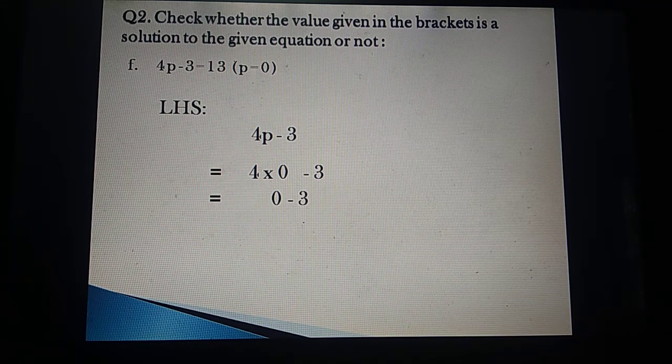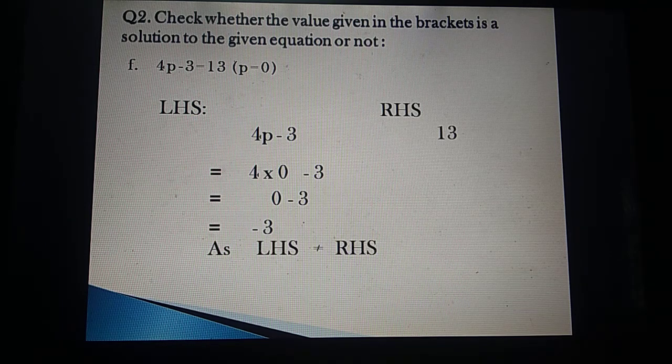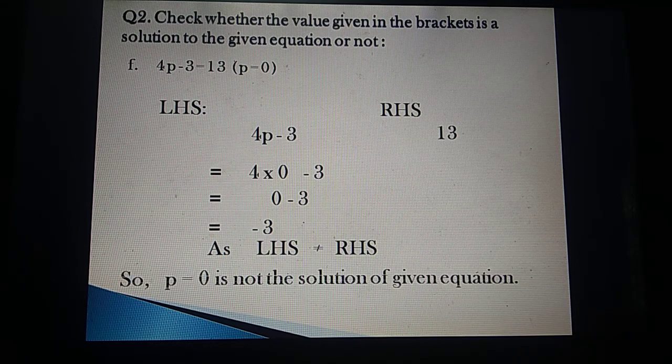Now 0 minus 3, you will get 3, but 3 is greater and it has the minus sign. So your final answer will have the minus sign. Now RHS is 13. Are they equal? No, they are not equal. So your final answer statement is p equals to 0 is not the solution of the given equation.